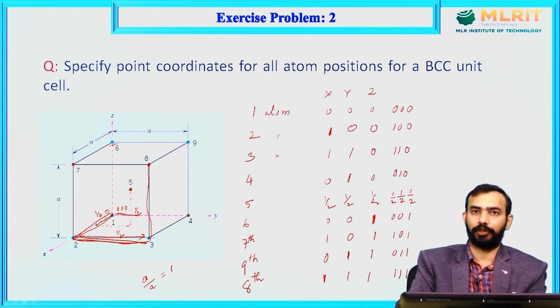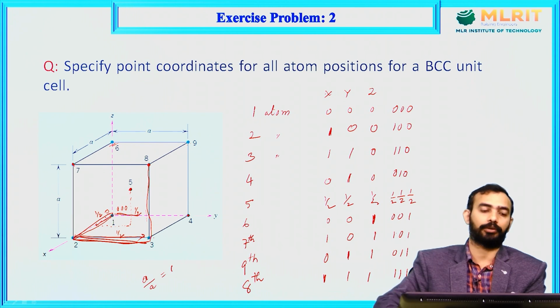This is how we will be specifying the point coordinates for all atom positions within this unit cell. Similarly, you can do it for the simple cubic crystal structure, as well as we can try for the face centered cubic structure. We can locate the atom positions within the unit cell for all the crystal structures, right?